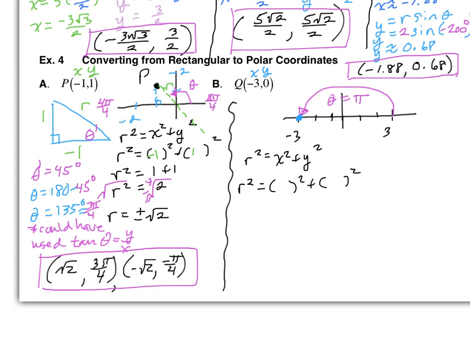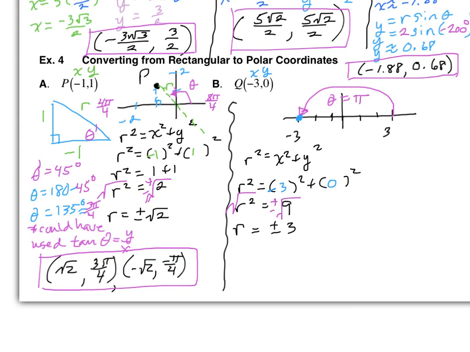So my x is negative 3 and my y is 0. When I plug in negative 3, I get r squared is equal to 9 because 0 squared is 0 added to negative 3 squared is 9. When I solve for r, what do I get? Plus or minus the square root of 9, which is plus or minus 3. So I can have two different answers for r.